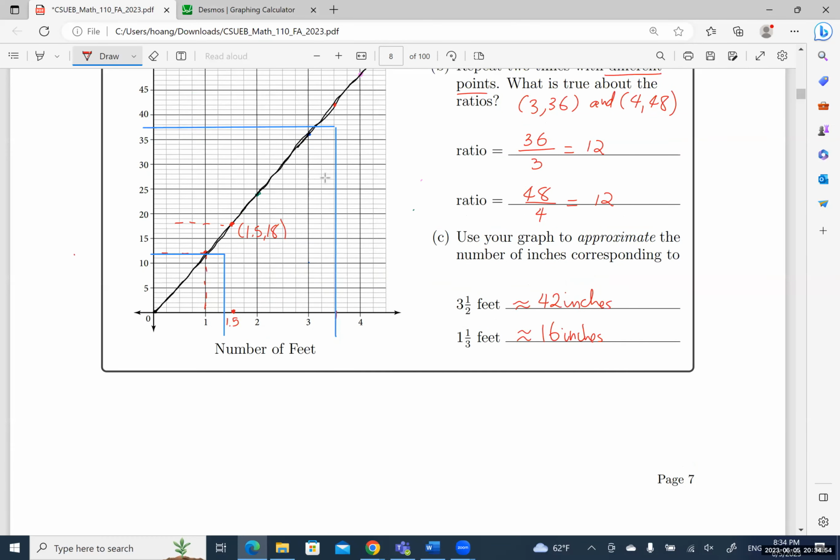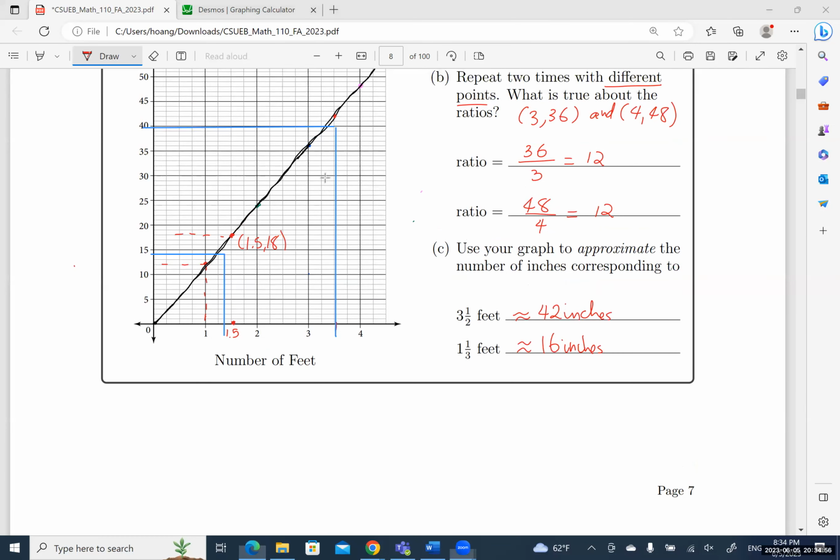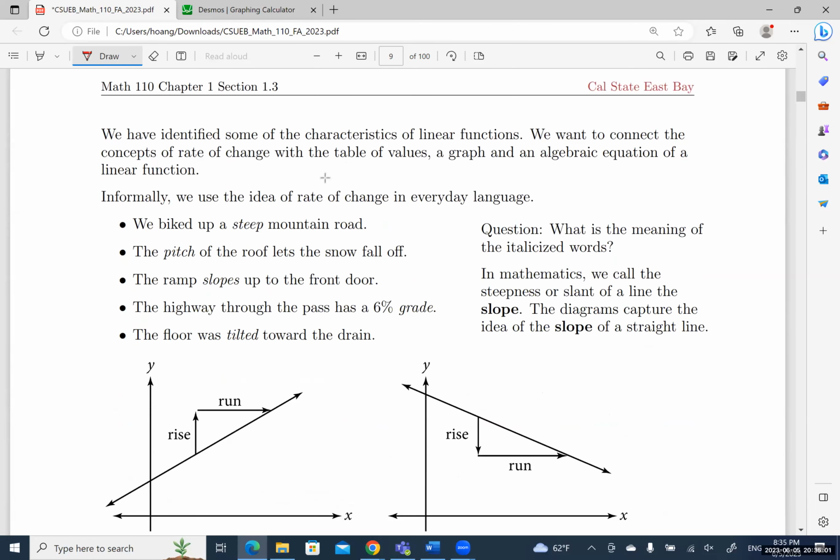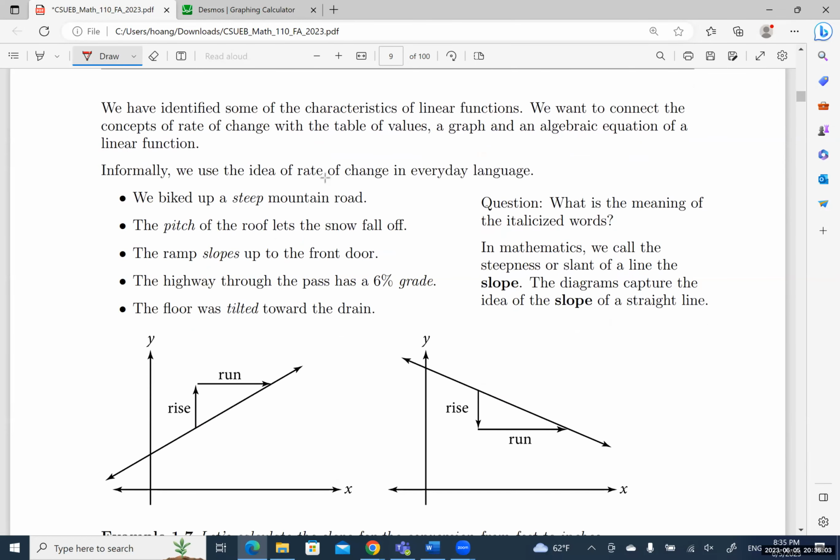So okay, now let's move down to talk more about this section. All right. So what did we learn from the column above, right? We have just identified some of the characteristics of a linear function. So keep in mind that a linear function is a function of a line.